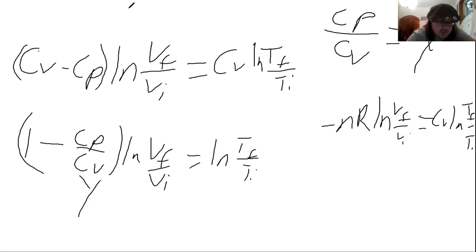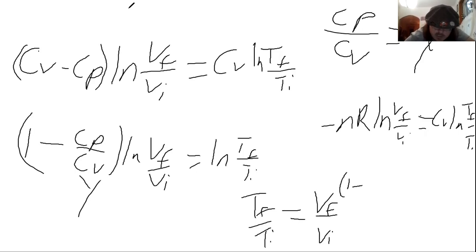Now, if we use the rule of logs and take the inverse log of both sides, you can get TF over TI equals VF over VI to the 1 minus gamma. Because these are constants, you can find a real value for gamma and plug this in.